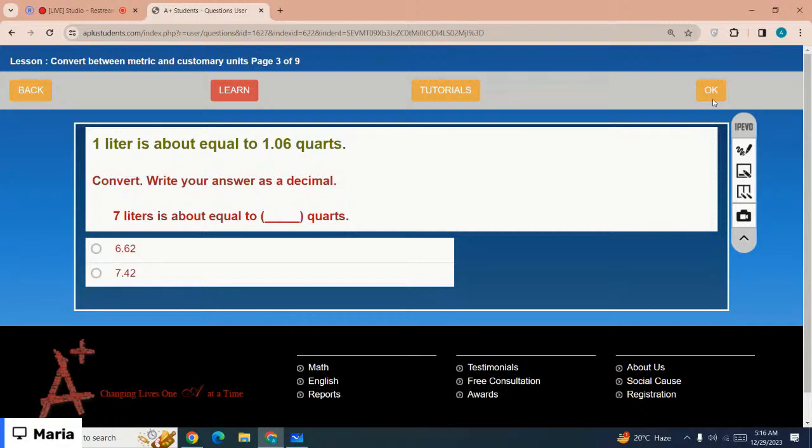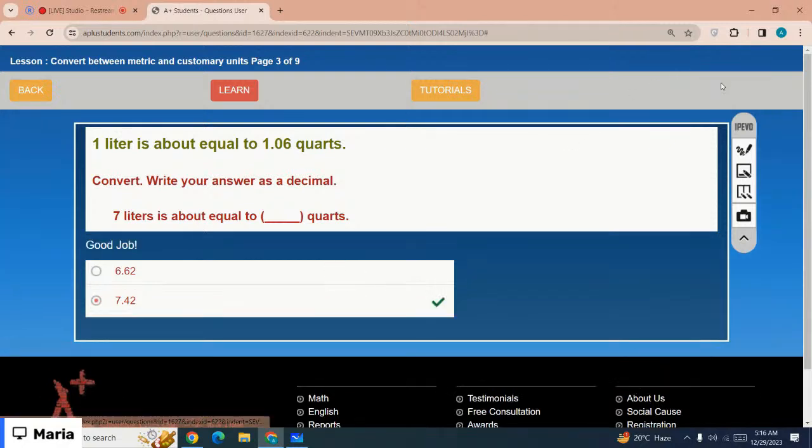You have to do 7 times 1.06, that is 7.42. Option number 2 is the correct option.